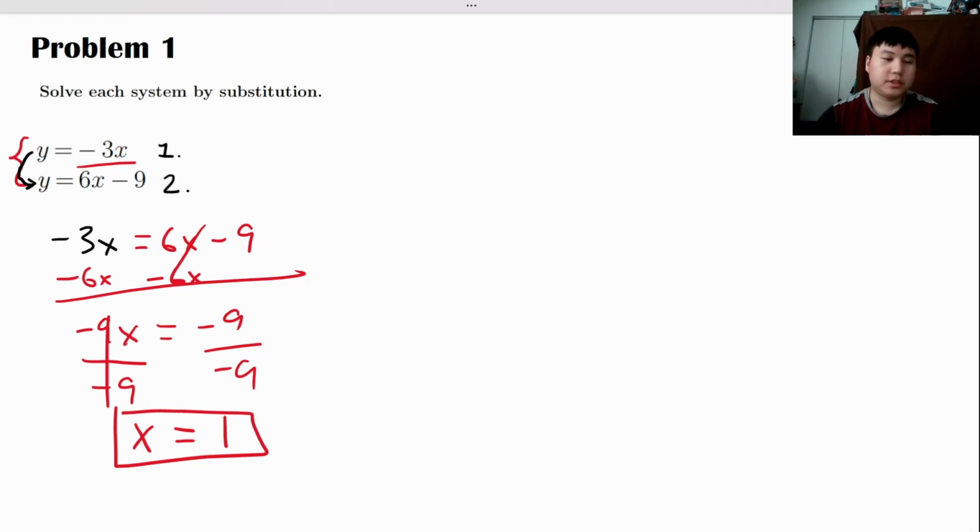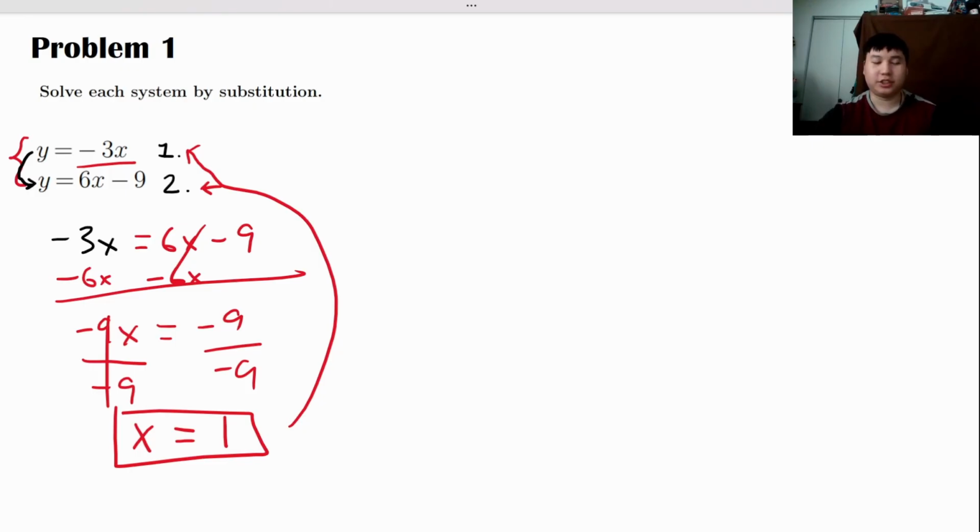Some students think that we are done, but we are not, because we only found what x is. We need to find what y is. So now what do we do? If you look carefully, we know what x is, so we can plug it into either equation 1 or equation 2. I like to do equation 1 because it's much simpler.